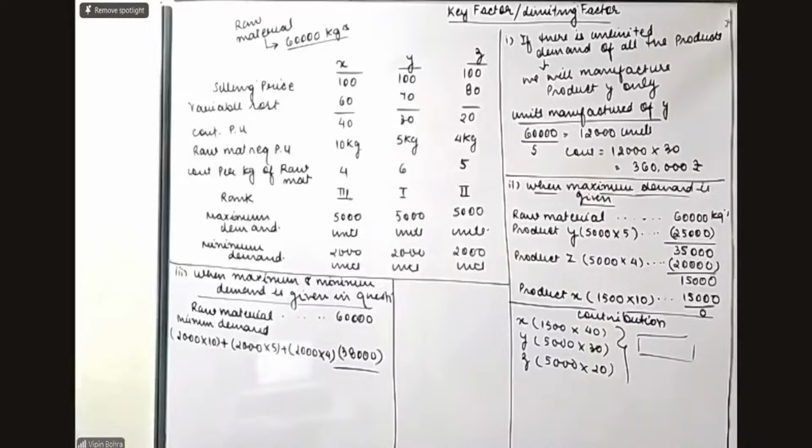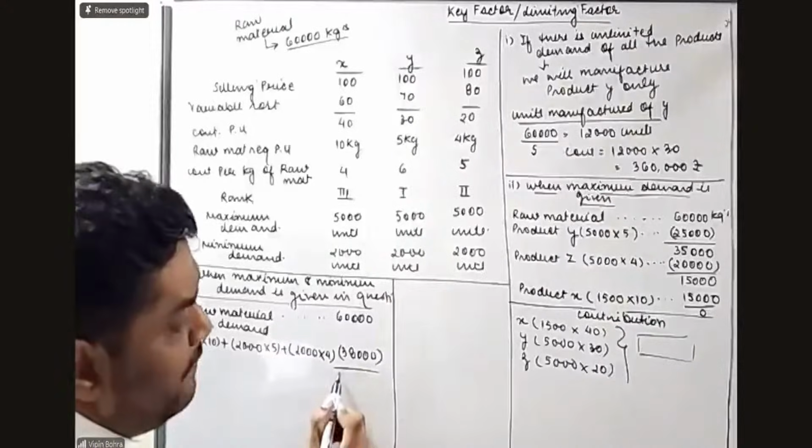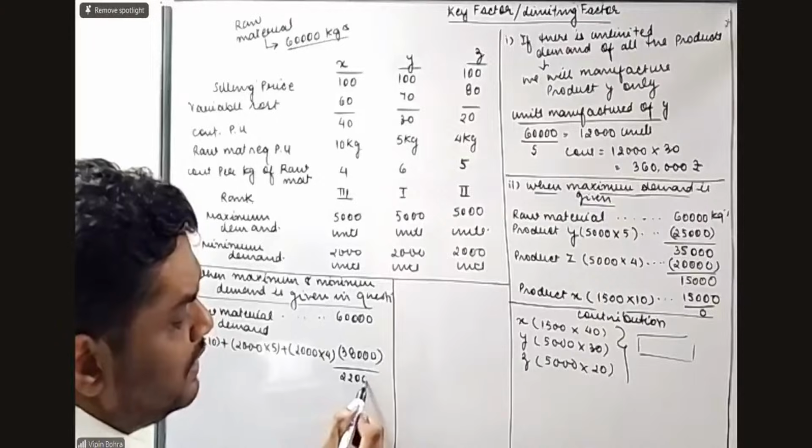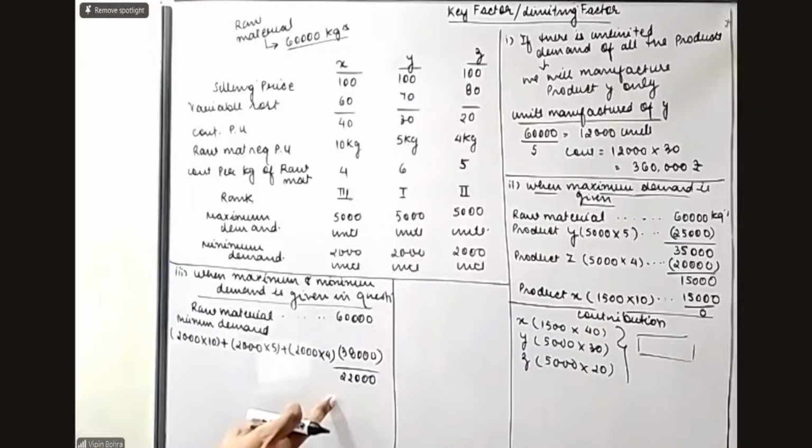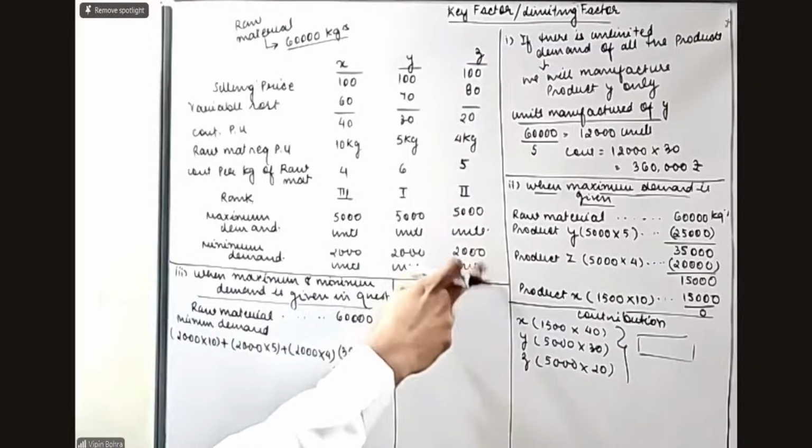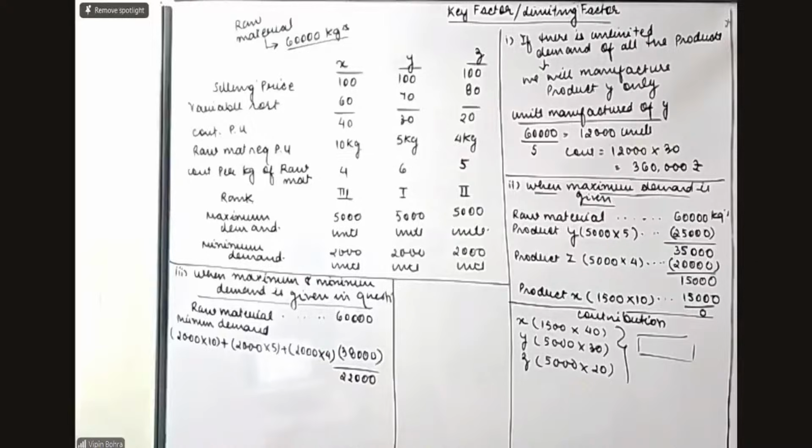So 38,000 is utilized to fulfill the minimum demand. Still, we are left out with how much? 22,000 kgs. Now, after fulfilling the minimum demand, we'll start with the priority order only.